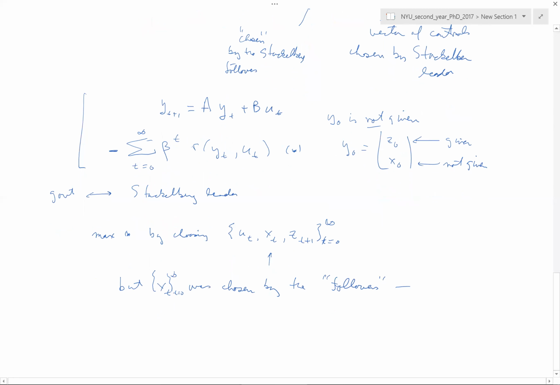So what's going on? Well, the optimum choice of the followers, that's completely summarized, we hope. And this is the so-called first order approach.